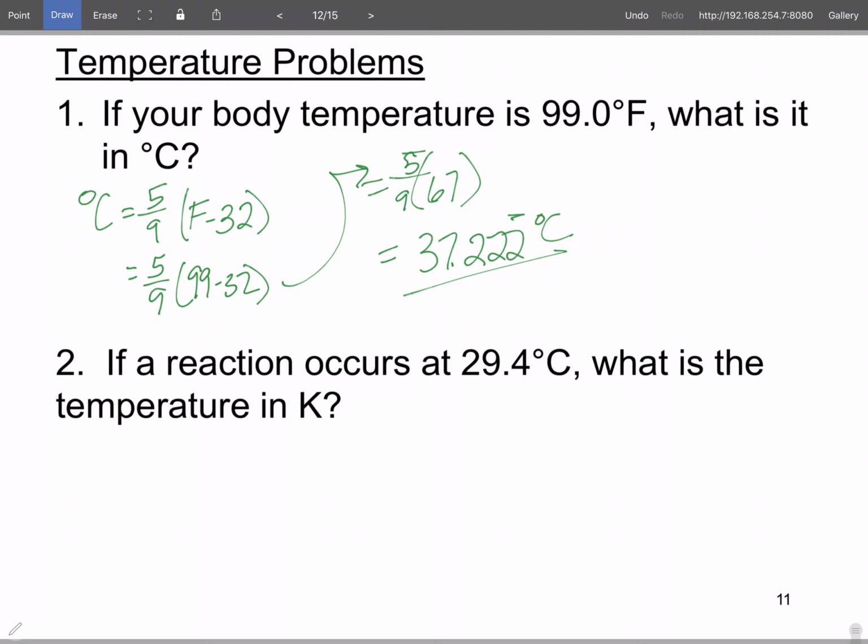Later, we're going to do significant figures. So what I'm going to do is list the significant figures off to the side. And when we actually go through it, you can go back and say, oh, that's why she got that number.